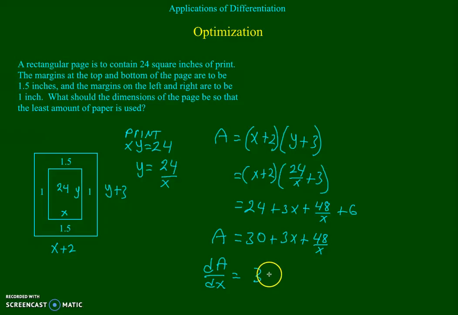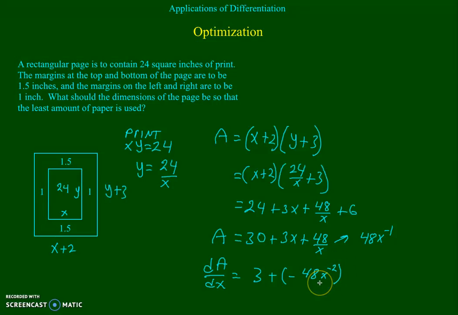The derivative of 3x is 3 plus, if I move this over, it's 48 times x to the negative 1. When I differentiate this, we have negative 48 times x to the negative 2.